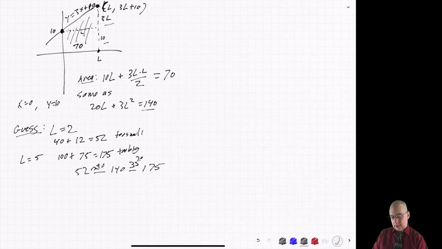So now we've got 3 parts to the left and 1 part to the right. So you want to go down 1/4 from 5. There's 2, there's 5, and 4 parts between 2 and 5, so let's try 4 1/4. Actually, it would probably be reasonable to just try 4.